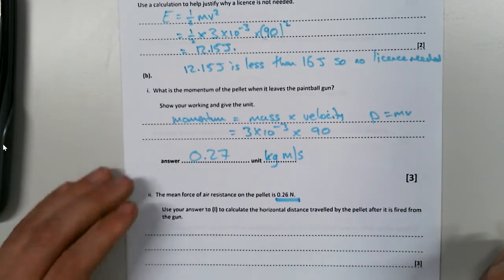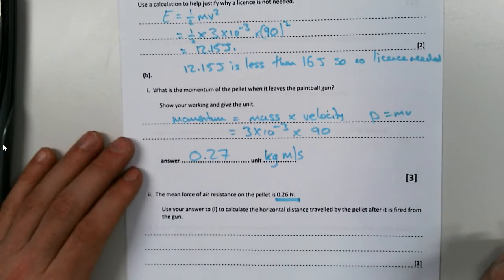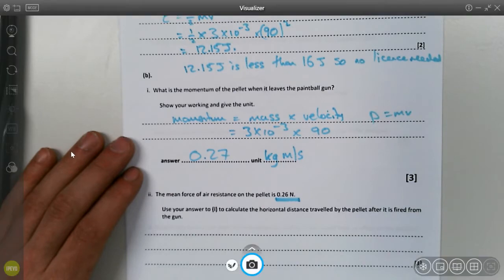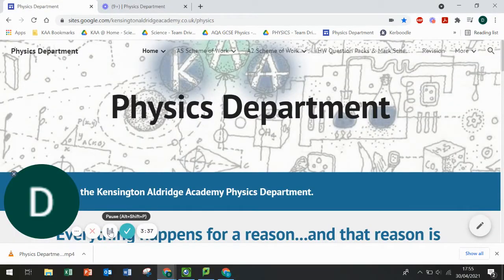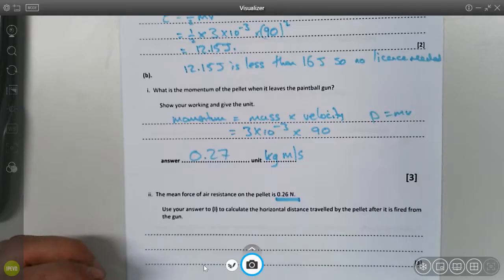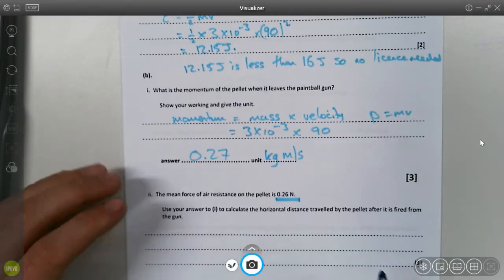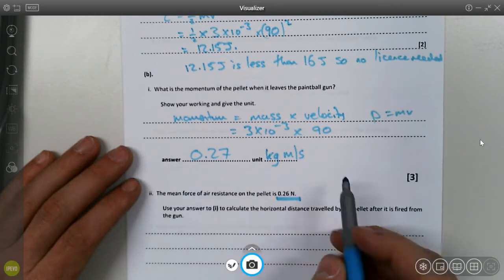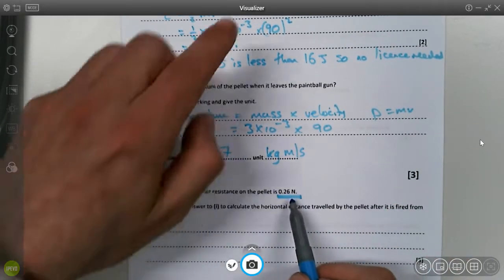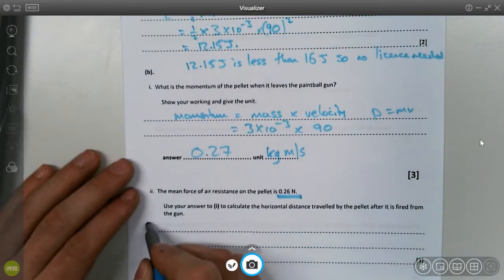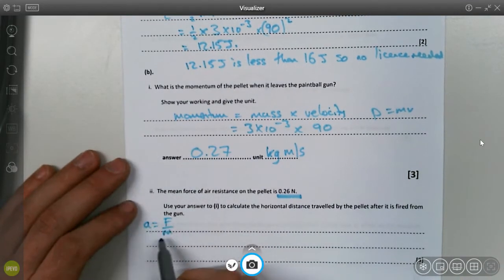So we know that there is air resistance on the pellet, so it's going to slow down. And we know there's a force, and we also know its mass. So we can work out its acceleration by using this formula here.